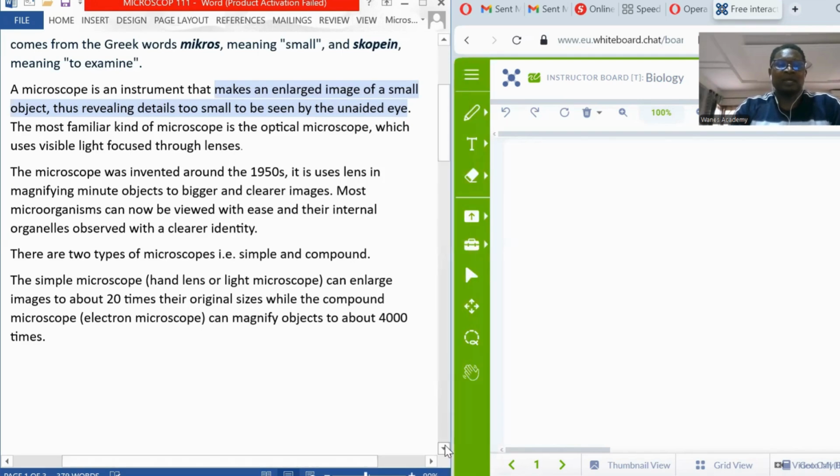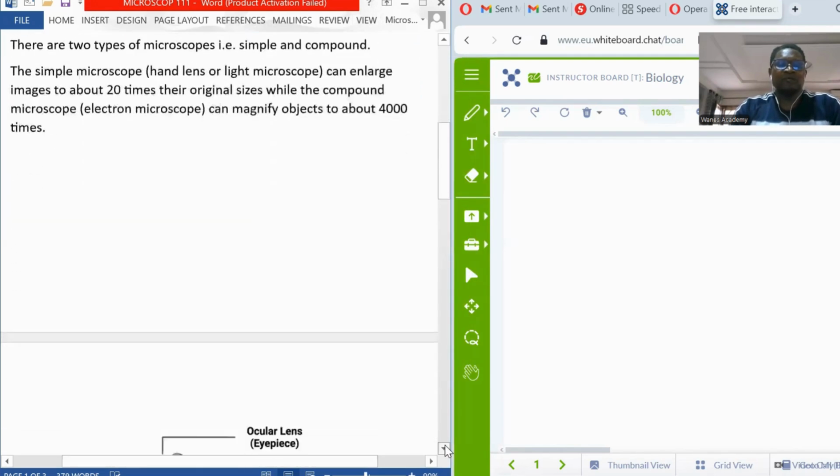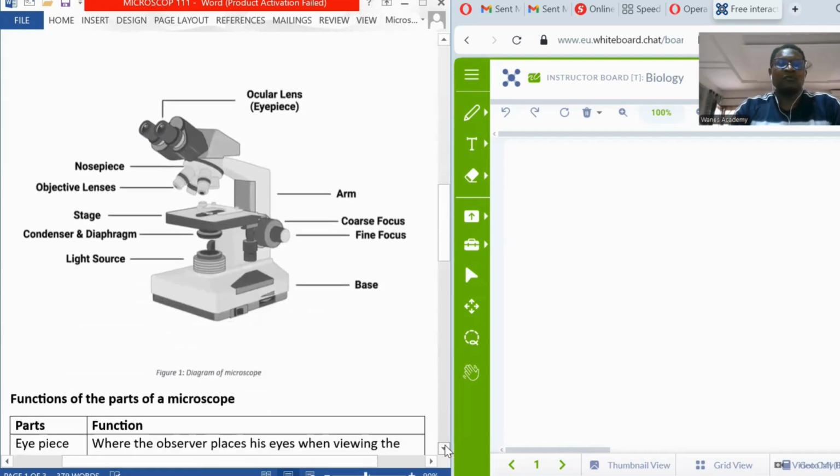Now, my diagram below is a very good example of the compound microscope. The compound microscope generates power from a light source. So the compound microscope, like the electron microscope, needs electricity to work on. Electricity produces electrons, which aid the magnification of smaller or microscopic organisms into bigger form.